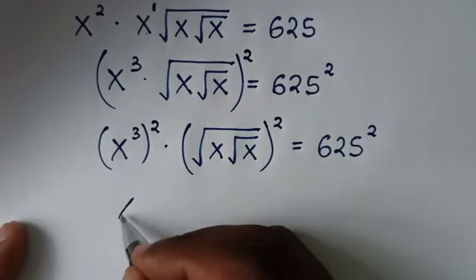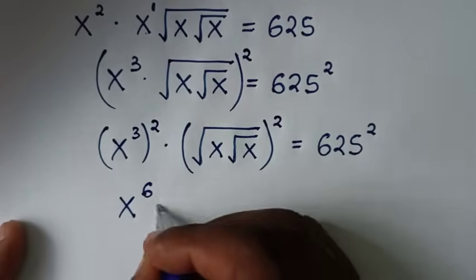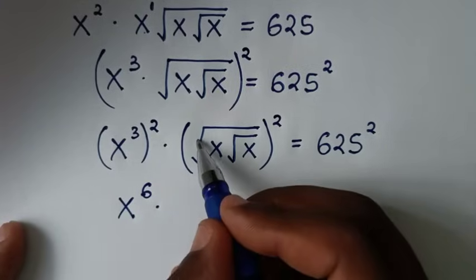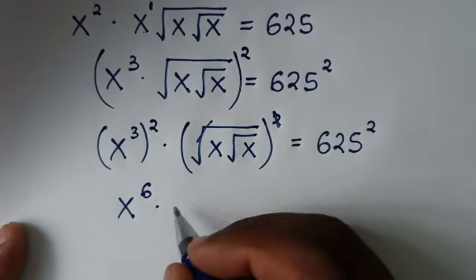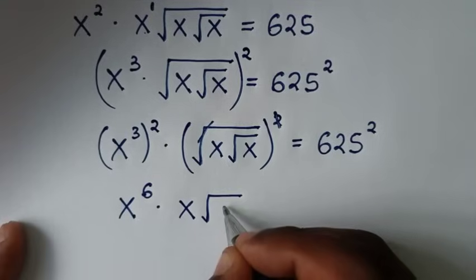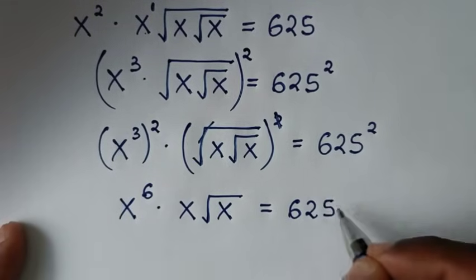Then here it will be x power of 3 times power of 2 is power of 6 times, here this square root will cancel this square, so it will be x times the square root of x is equal to 625 squared.